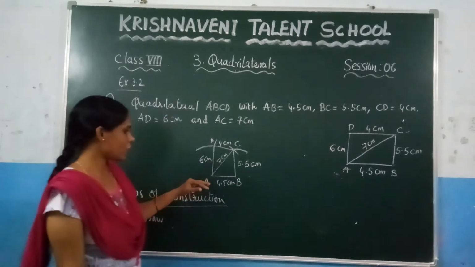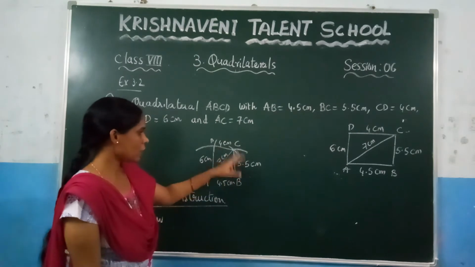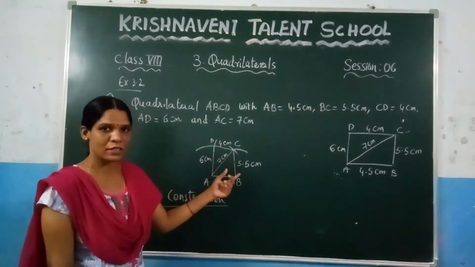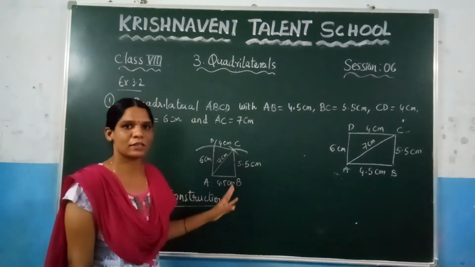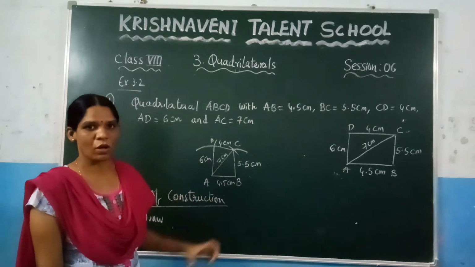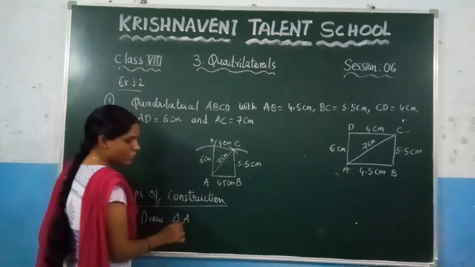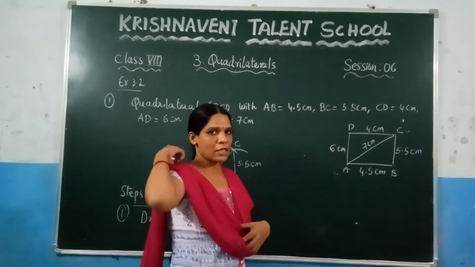There is no need to write draw AB of length 4.5 centimeters, from B make an arc of 4.5, and from A again make an arc of 7 centimeters, and join AC and join BC, then you will get a triangle. But there is no need to write all these steps, directly write it here. Draw triangle. First which triangle we have drawn? First we need to know by seeing the last stage, right?